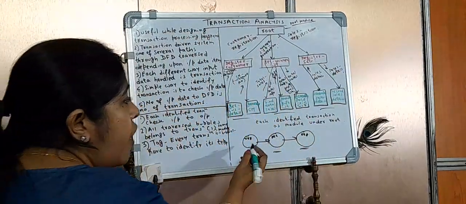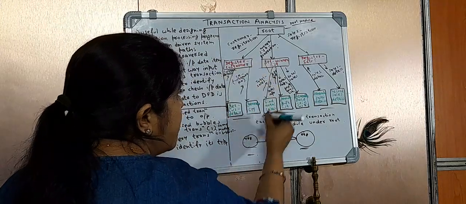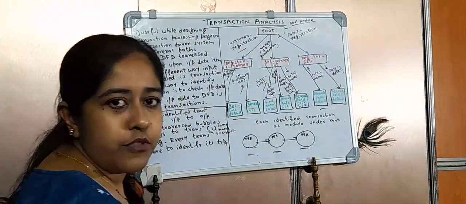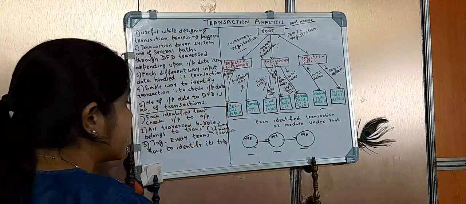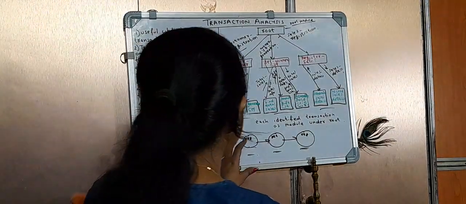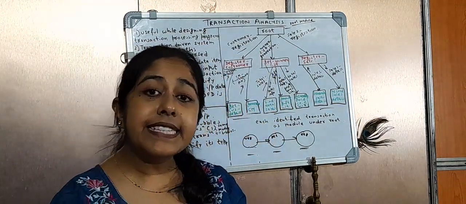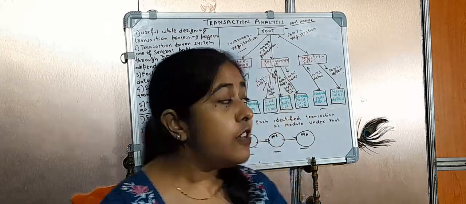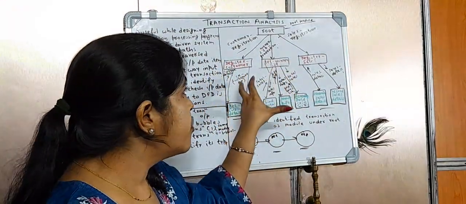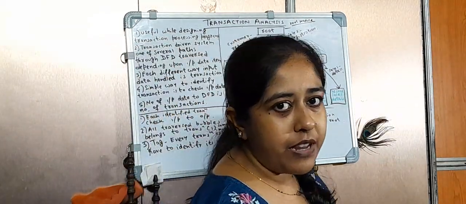Whatever my DFD is traversing will be within the same module, not different modules. Now, what are tags? Every transaction has to have a tag. This tag will show the type of transaction you are dealing with.